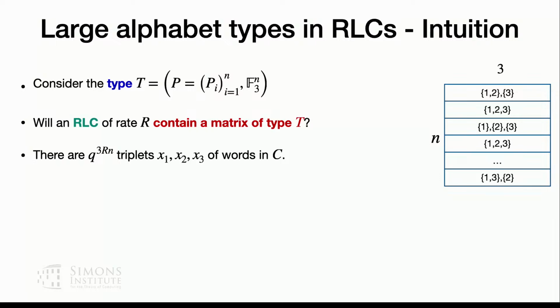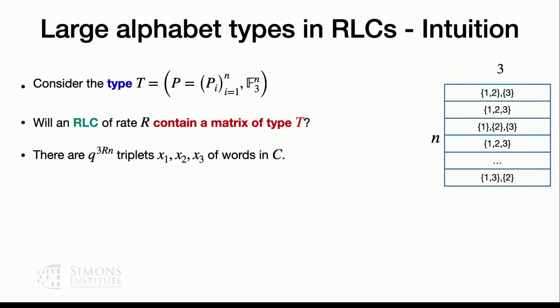For example, the triplet x1, x1, x1 obviously has non-trivial linear relations, so it's not viable for belonging to this type. But almost every triplet of codewords that we take is going to have no non-trivial linear relations. So this is the number of triplets involved.